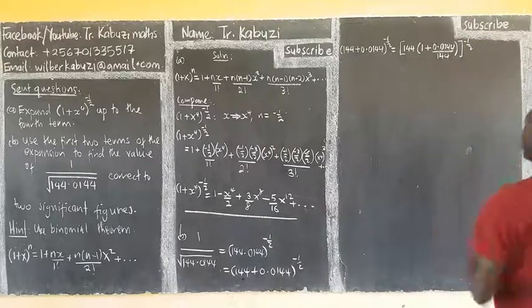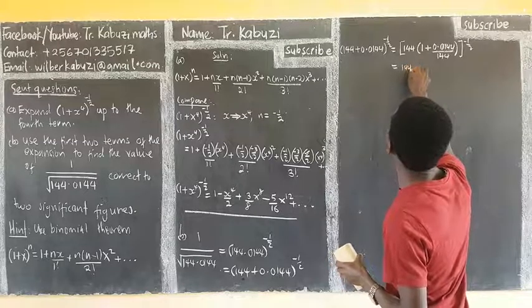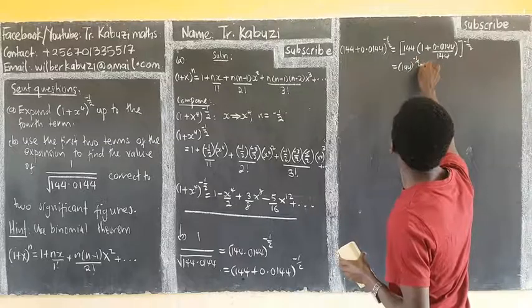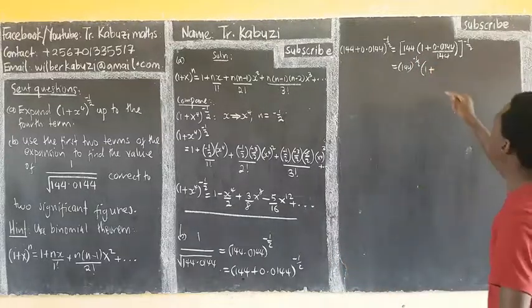So now bring this here. You see this will be the same as 144 power negative a half into 1 plus. Now this one, you get your calculator and you simplify this.